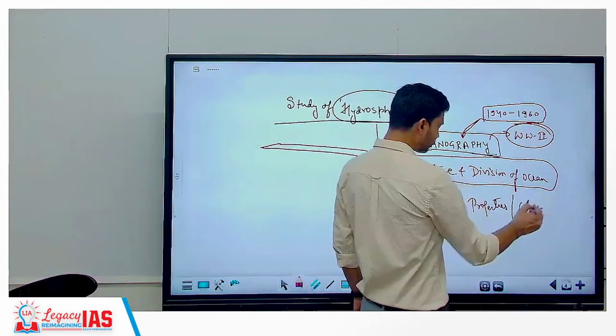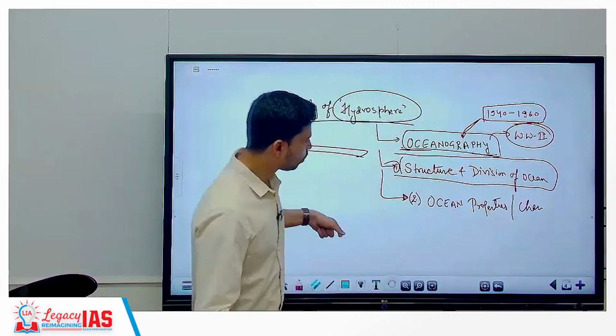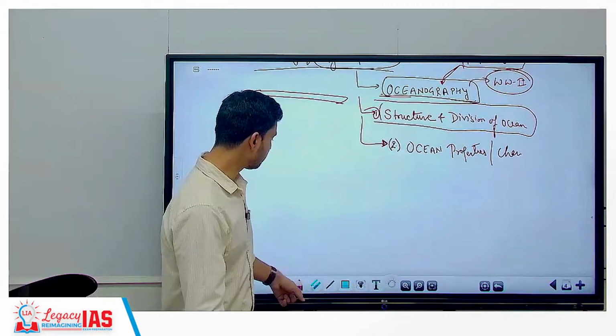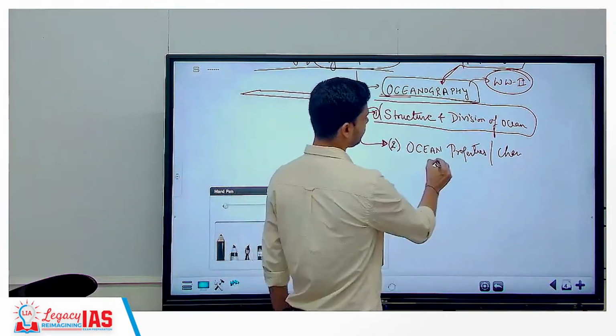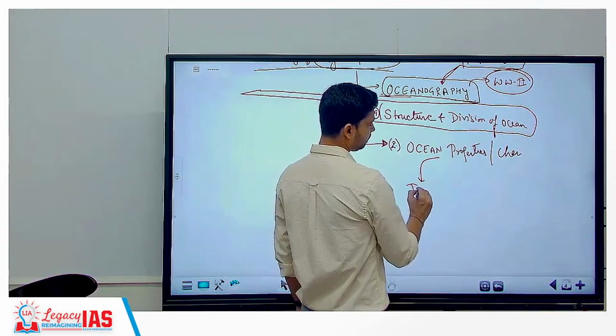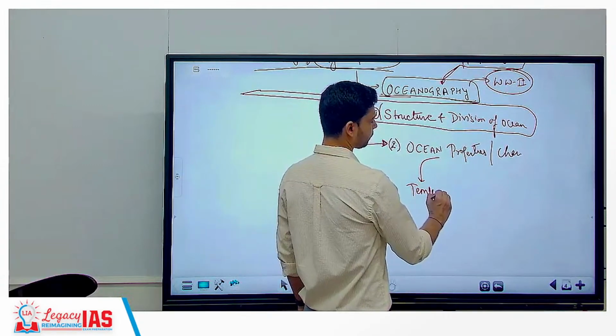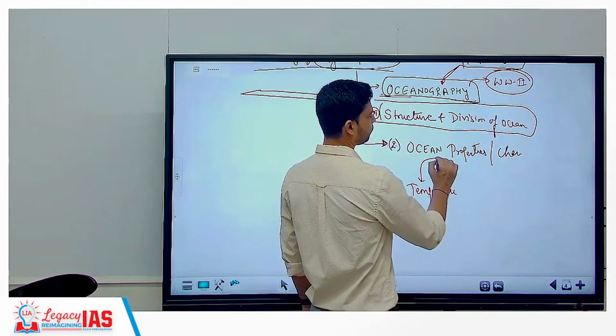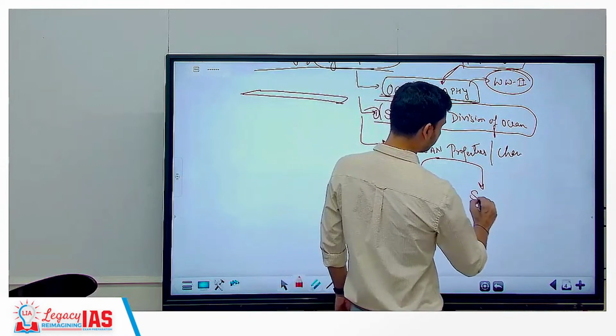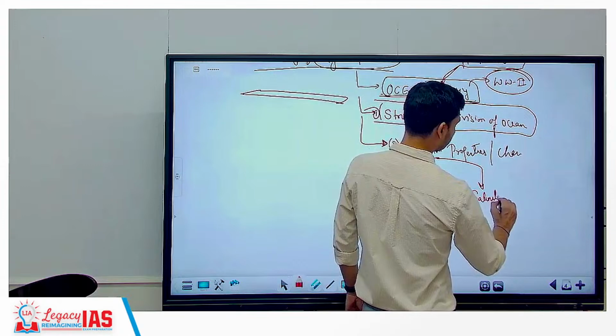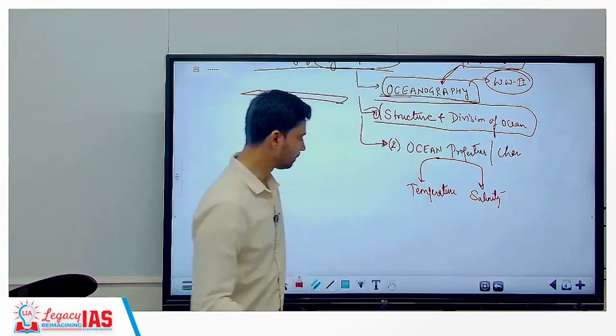Now, in the ocean properties or characteristics, a total of 3 properties are of significance to us, which we have to study. One is the temperature related properties. Temperature. Other is salinity.